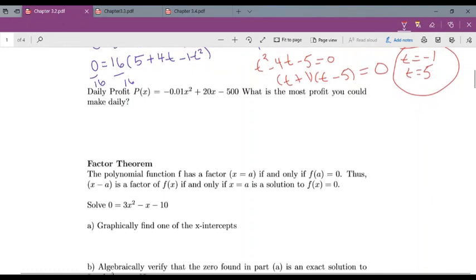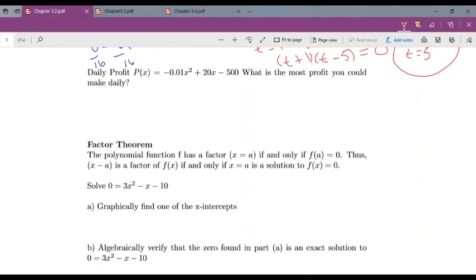Okay. The next one says daily profit P of x equals negative 0.01x squared plus 20x minus 500. What is the most profit you can make daily? Okay. So if we look at this one, if you're thinking about it, it's a squared function, right? So P of x is your profit here.